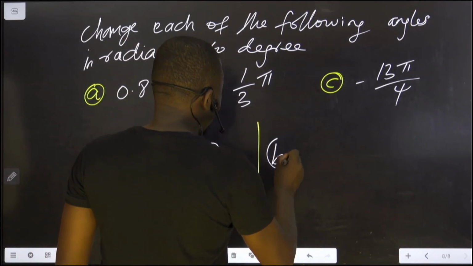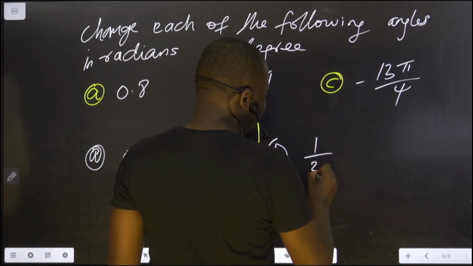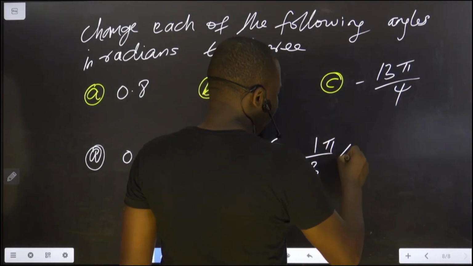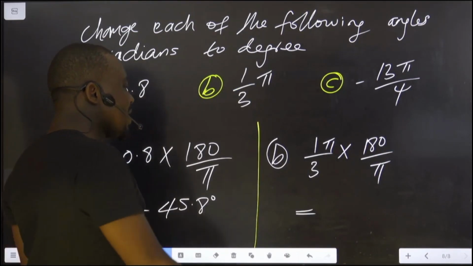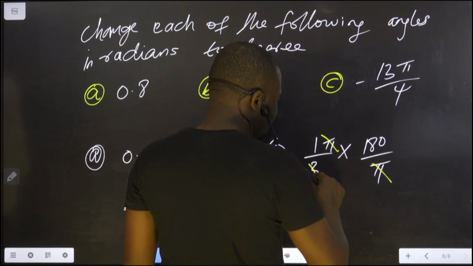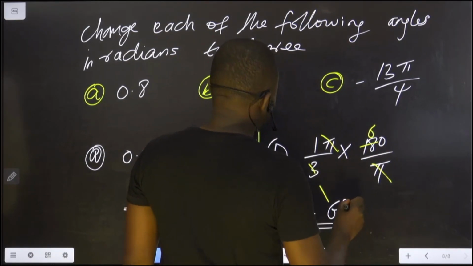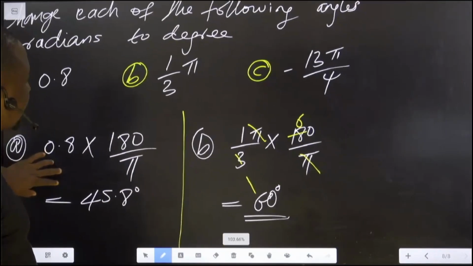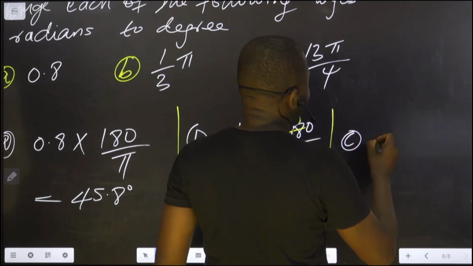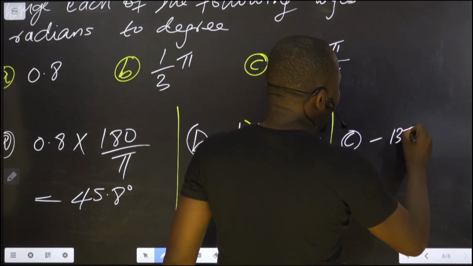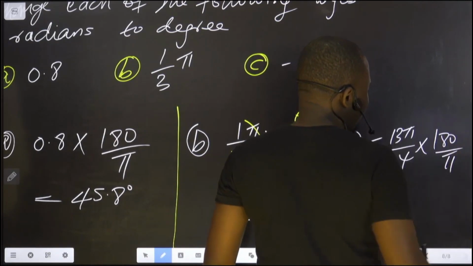Okay? Let's go for the next one. That is B. To make this one degree, say this multiplied by 180 over pi. So this pi and this pi will go. Here 6, that is 60 in degree. Lastly, let's look at the C. For C, the same thing, minus 30 pi over 4 multiplied by 180 over pi.